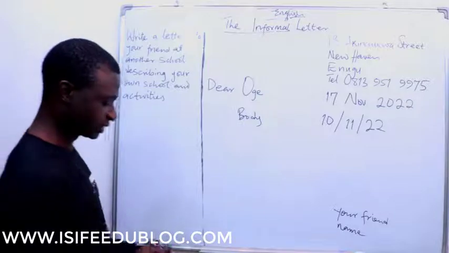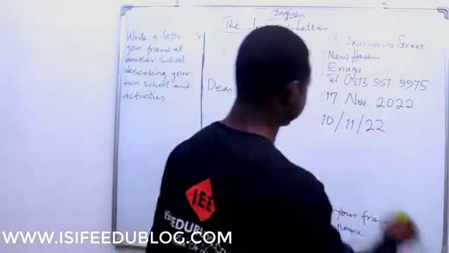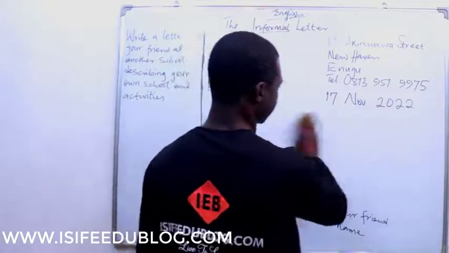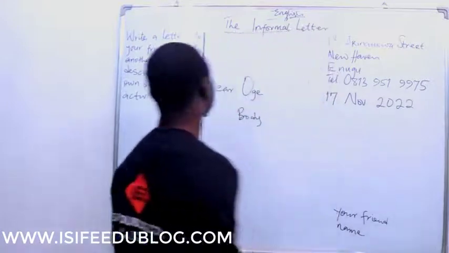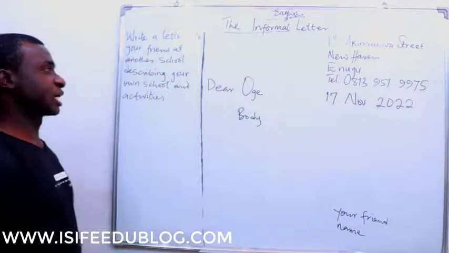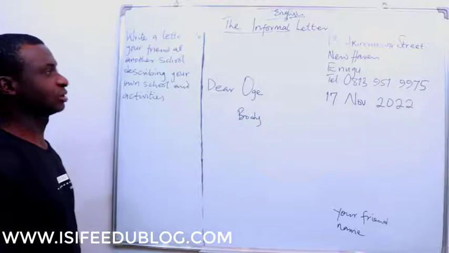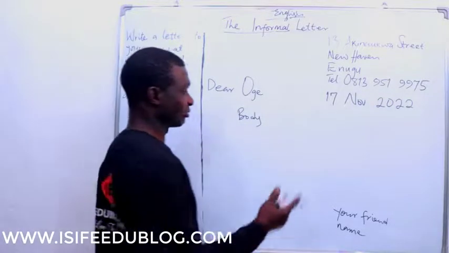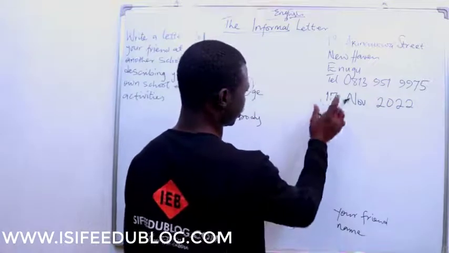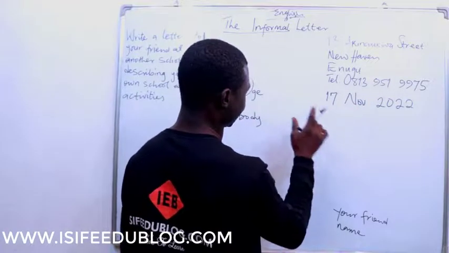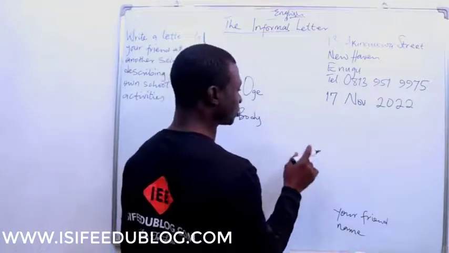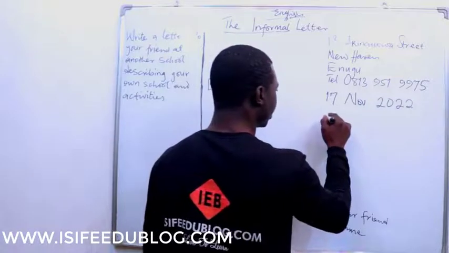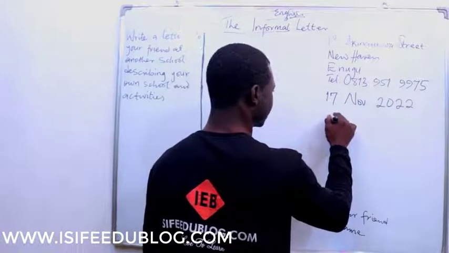Having said so, you've written your address, you've written your date. Just before I leave that section, like I said when we worked on the formal letter, I had also pointed out, no 17th.